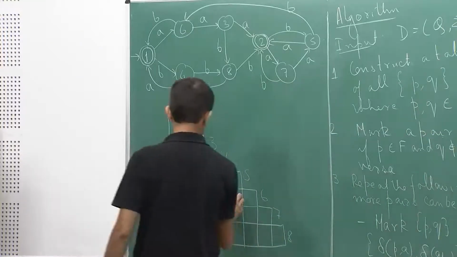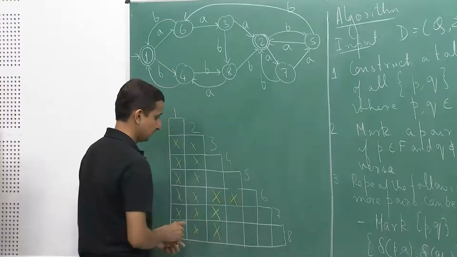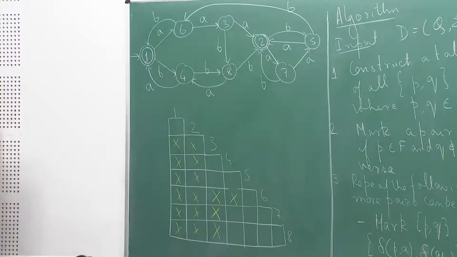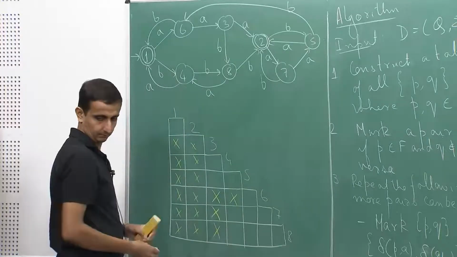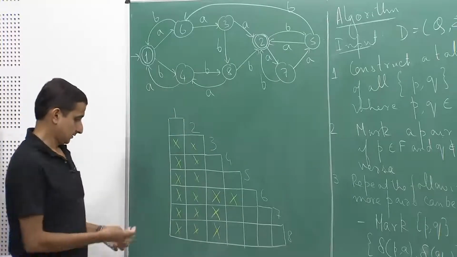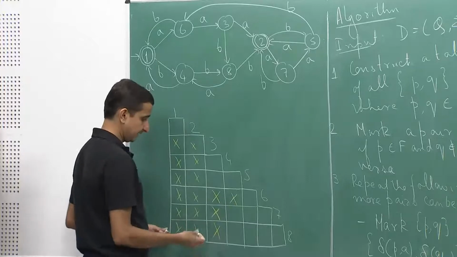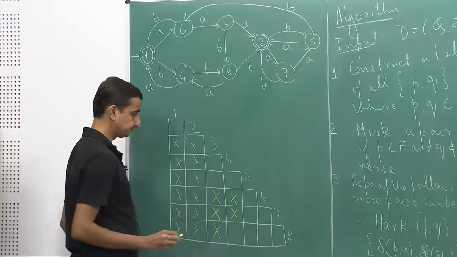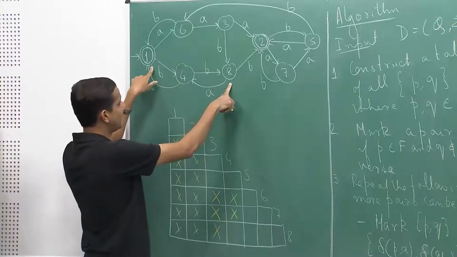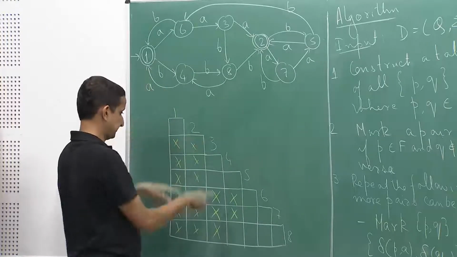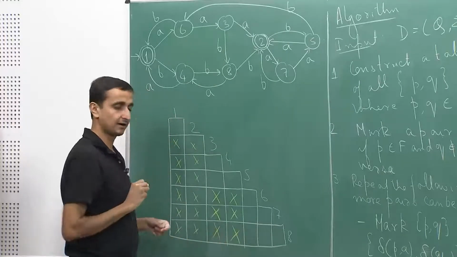So, (4, 5) is not marked. (4, 6) is marked, and now (4, 7) gets marked. From (4, 8) on a, I go to (1, 4), which is marked. So, (4, 8) gets marked.